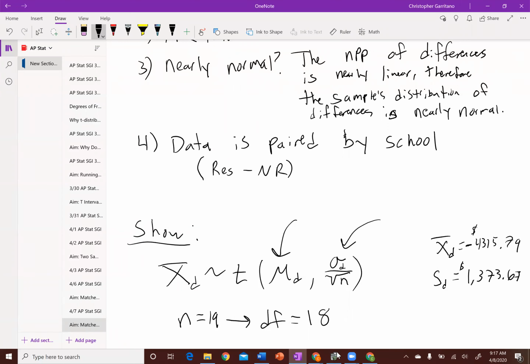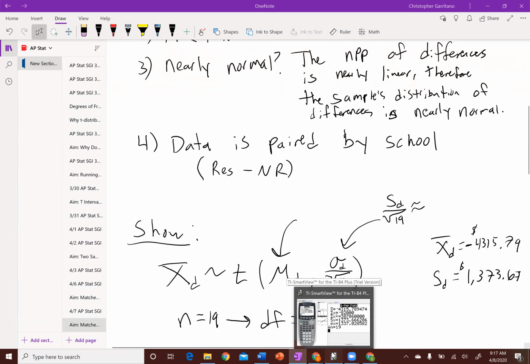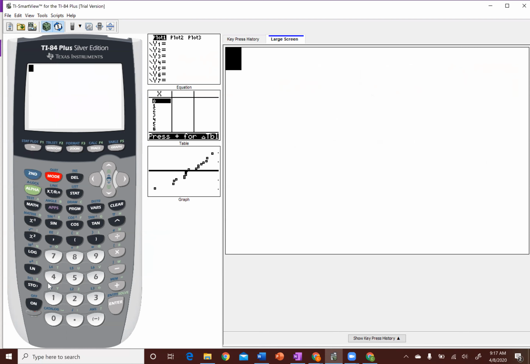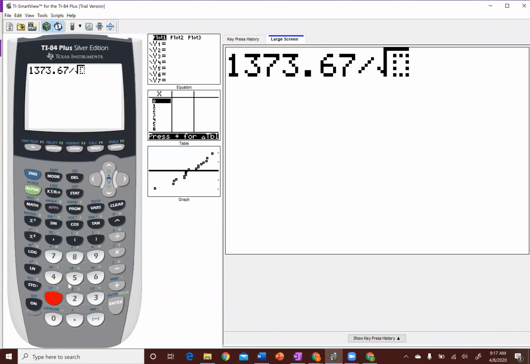Okay, so this means, again, remember, I approximate this using the sample standard deviation over, in this case, radical 19. And so let's get that number. 1,373.67 divided by the square root of 19.